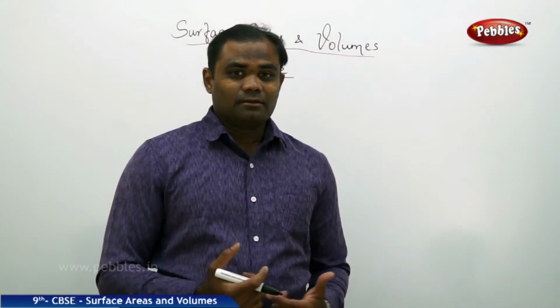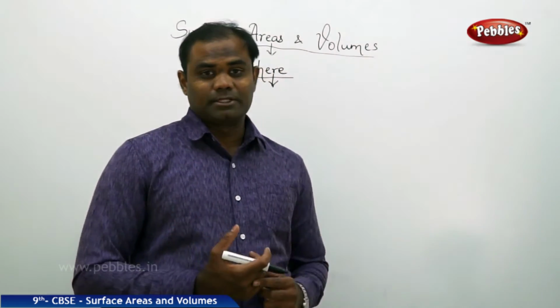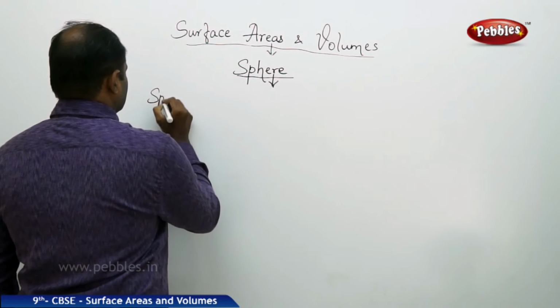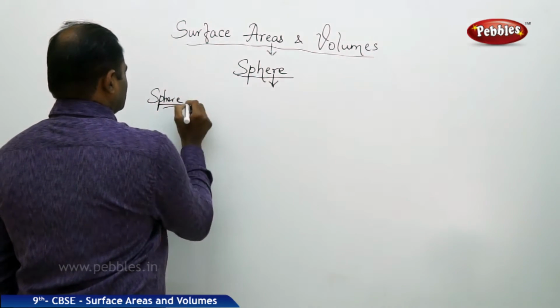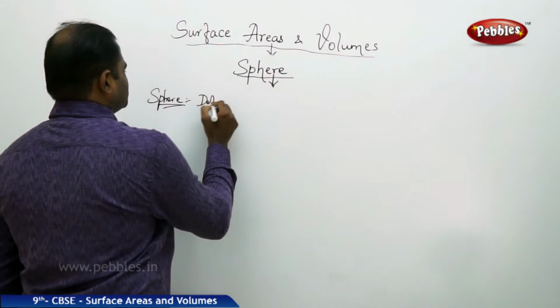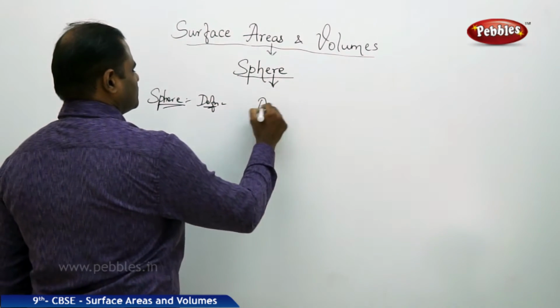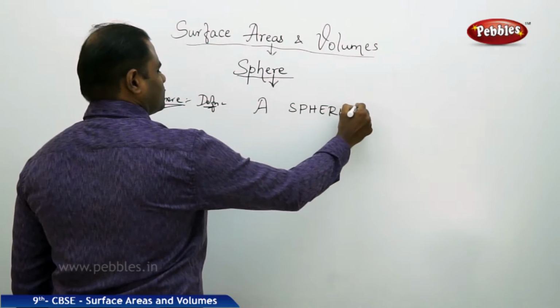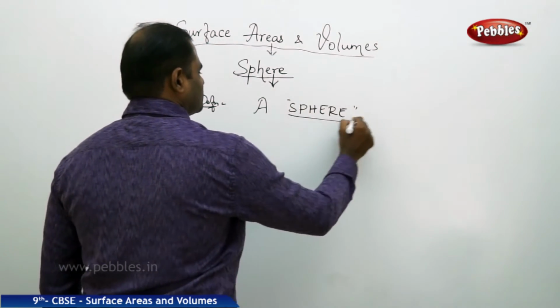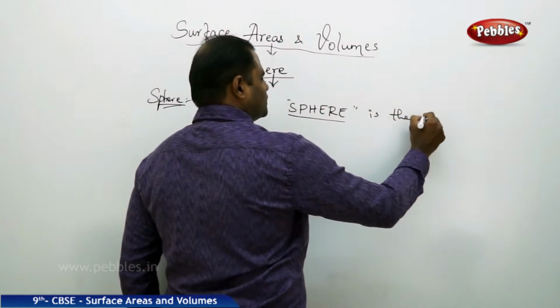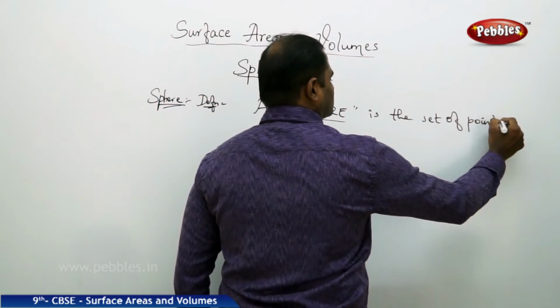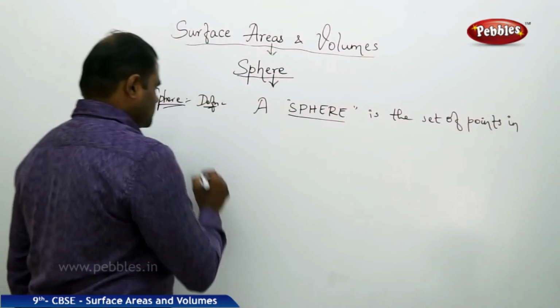Now let's define a sphere in more mathematical terms. A sphere is the set of points in space.